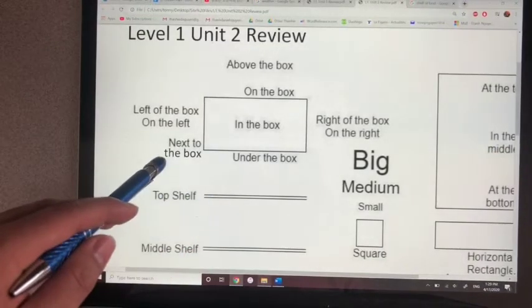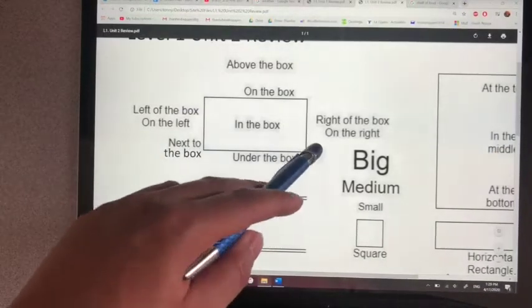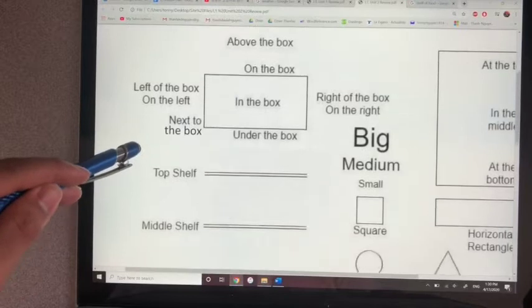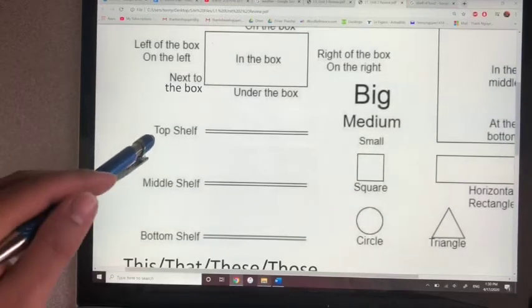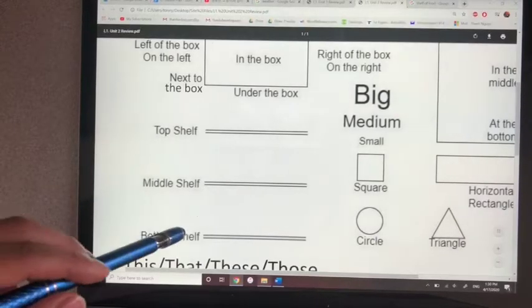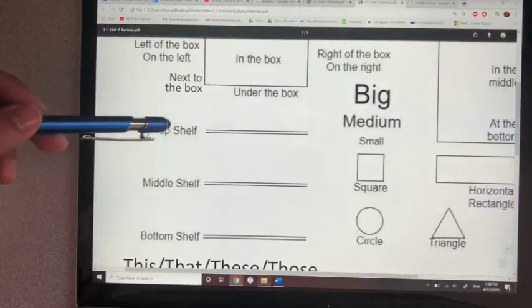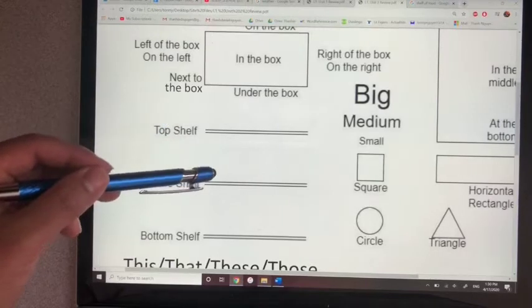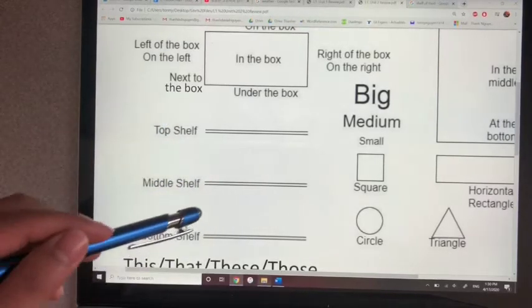And of course, we have next to. Next to can be here or here. And then we have shelves, the top shelf, the middle shelf, the bottom shelf. We say something is on the shelf, on the top shelf, on the middle shelf, on the bottom shelf.